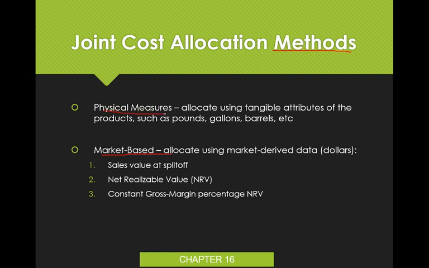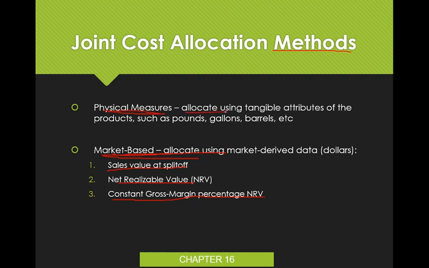Market-based methods are divided into the sales value at split-off point method, the net realizable value method, and the constant gross margin percentage net realizable value method. Then we have three methods in the market-based category, and the other category is physical measures.